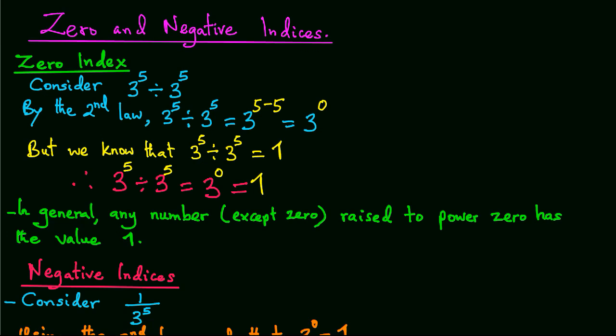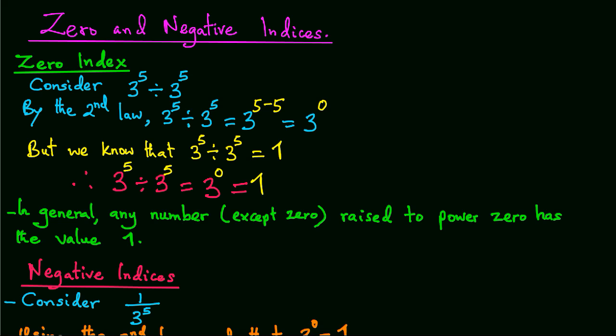Now let us look at the meaning of zero and negative indices. So we begin by looking at the zero index. You can consider a situation where 3 raised to power 5 is divided by 3 raised to power 5.